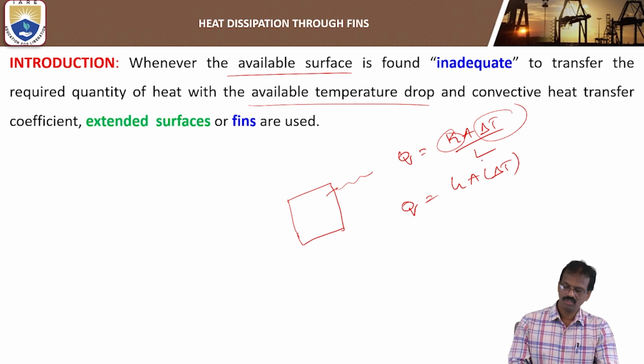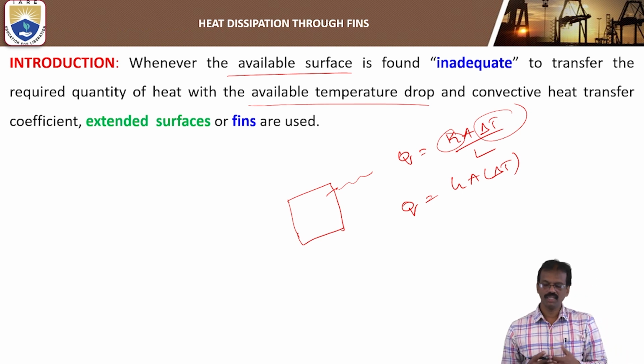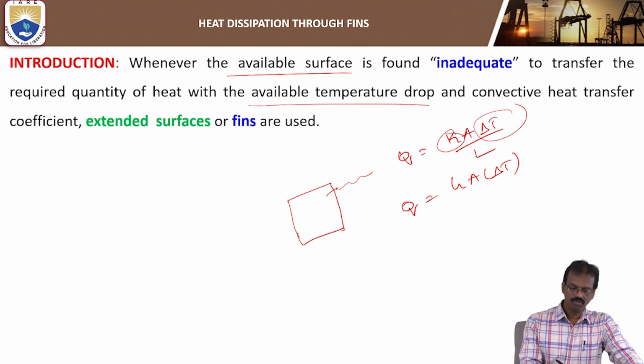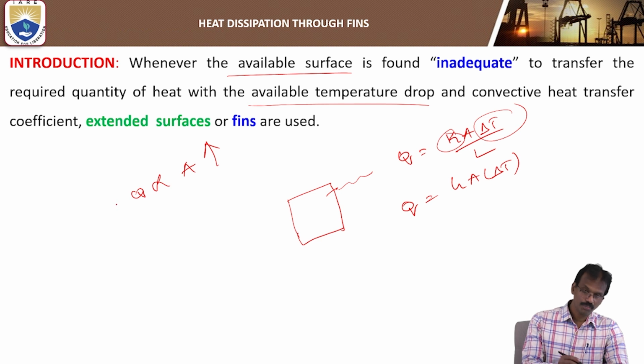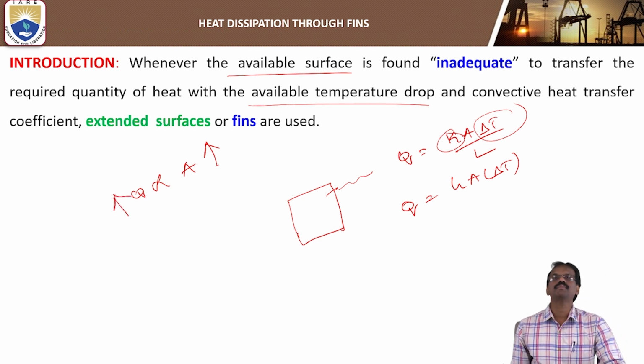If you want to increase the rate of heat transfer, Q is directly proportional to area. If you increase the effective area, automatically the rate of heat transfer will increase.